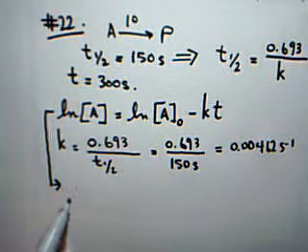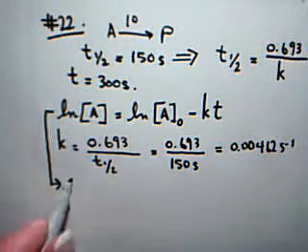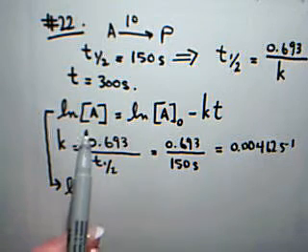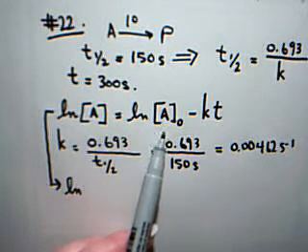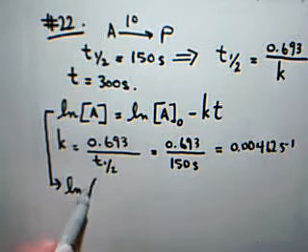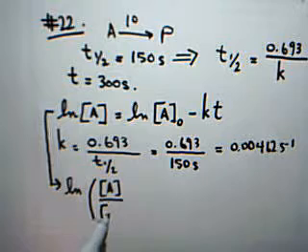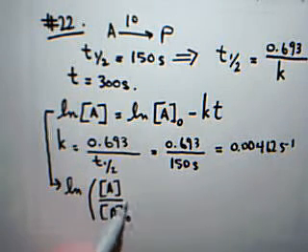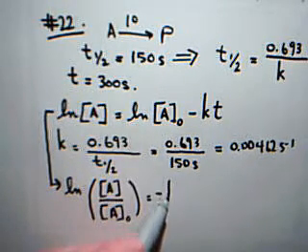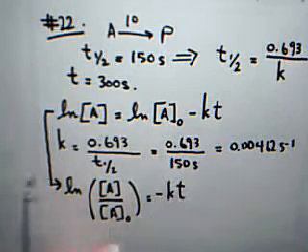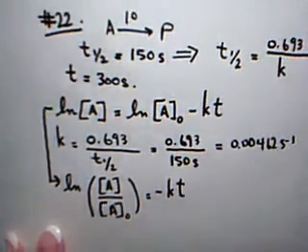I think I'll put it together as a ratio. So again, the ln of A minus the ln of A initial is the same as the ln of the ratio of the two. And that is equal to minus kt. Let's move this up a little bit.